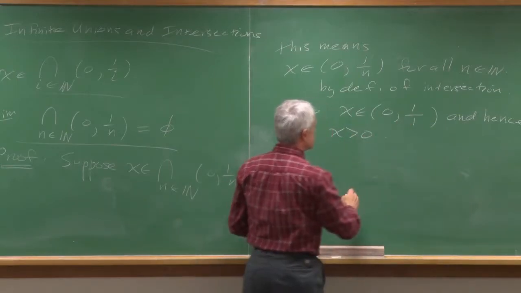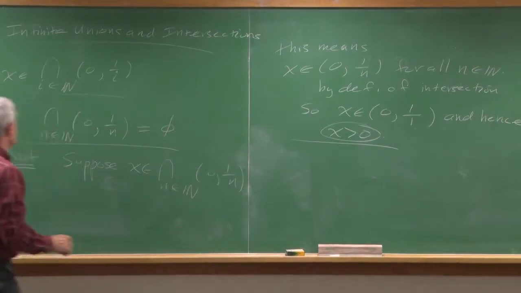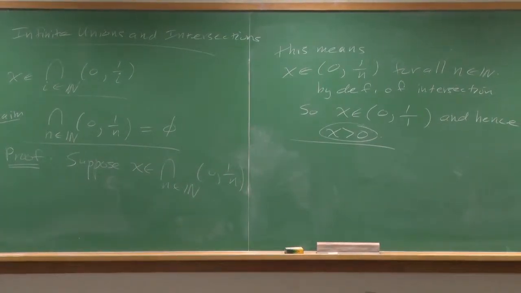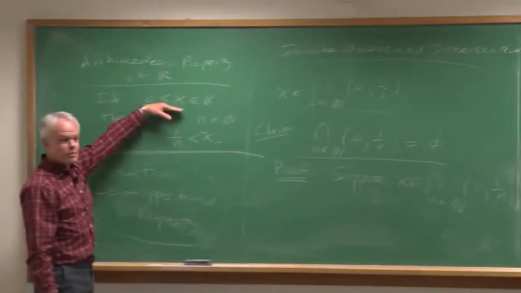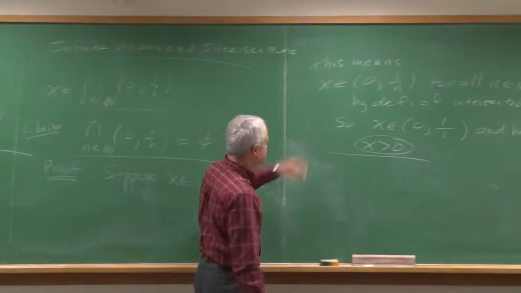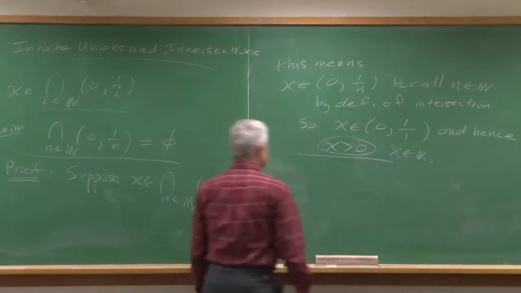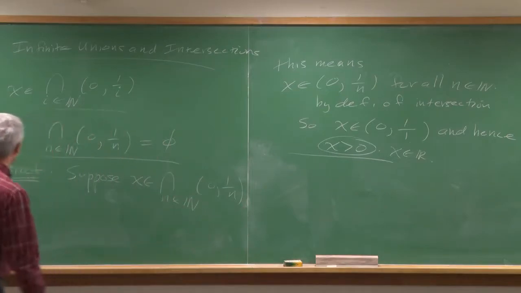It also has to be less than 1. Okay. I just wanted to do this because I'm going to try to use the Archimedean property here. So that worked out. Okay, and we're talking about a real number. Great. So now we can use the Archimedean property.